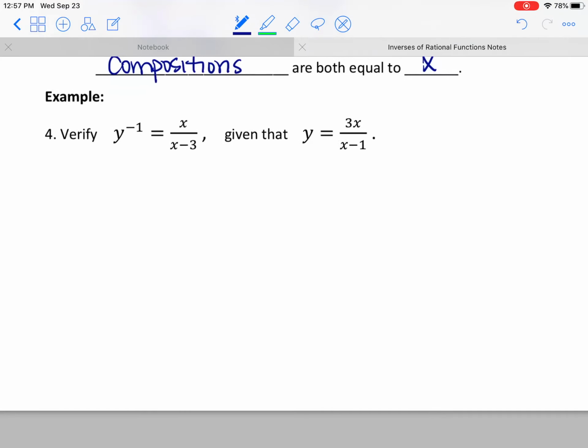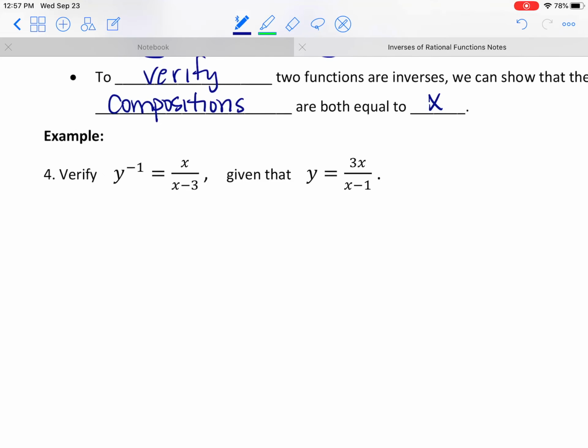Okay, so let's try this out. We have a function, here's our function, right? And according to number 4 here, this is its inverse. So if we want to verify that, we are going to plug one function into the other and vice versa. So let's start with y of y inverse of x.